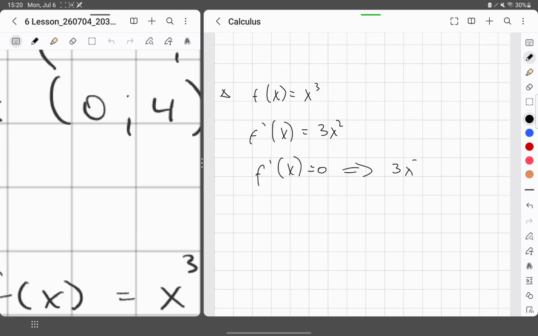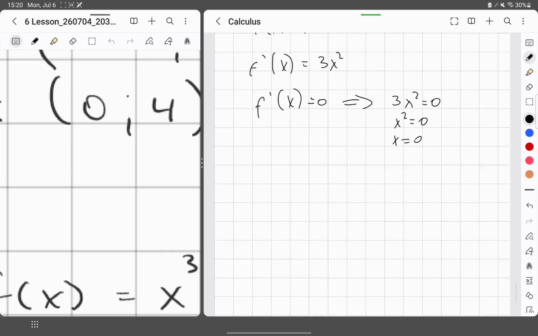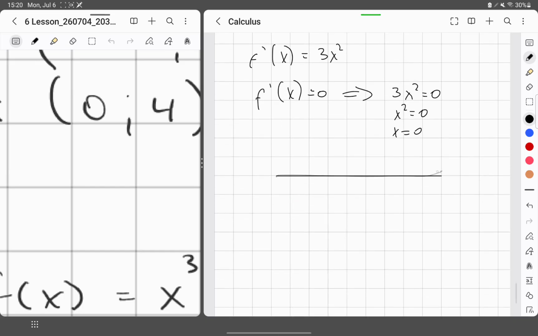So 3x squared equals 0, x squared equals 0, x equals 0. Okay, we have 0. But since that is x squared, it means that both sides will have the same sign. If it's positive, that will be positive, and if it's negative, that will be negative.